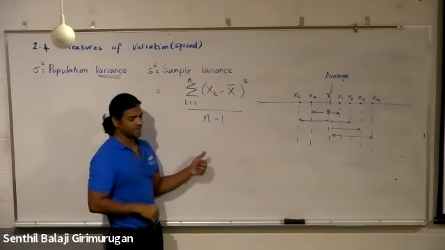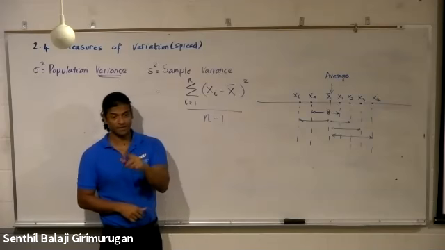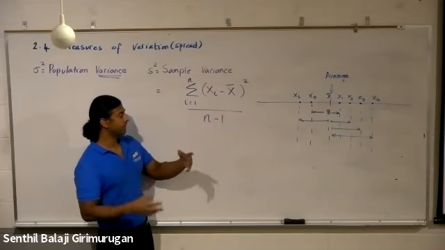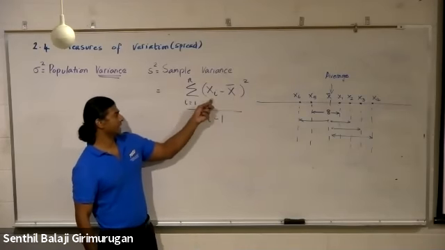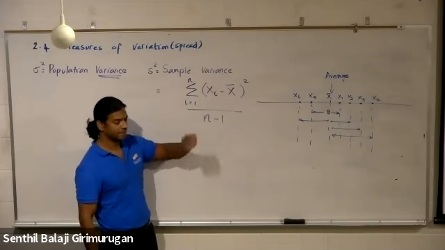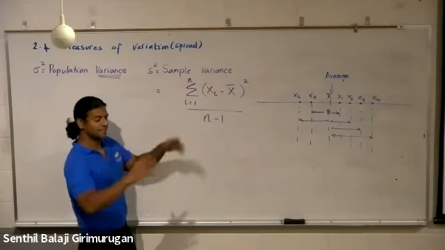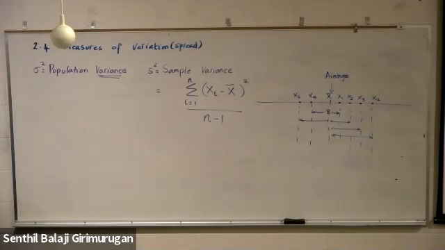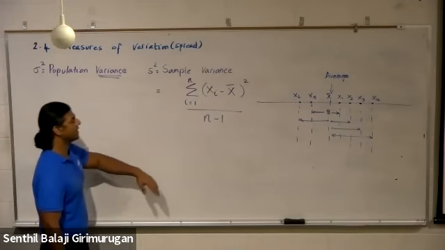But this is working hard. We're going to work smart using the calculator. So the goal is to find the distances x1 minus x bar, x2 minus x bar, square them all, sum them all, divide by n minus 1.